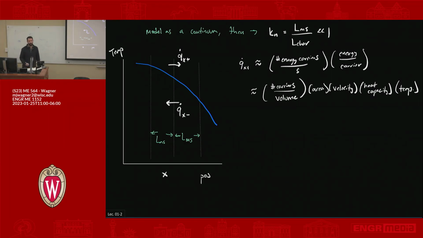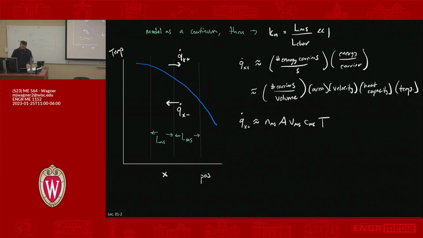This is the same equation, we just rewrote it in terms of per unit volume and added a bit more information. Let's write this symbolically: Q dot x plus is approximately equal to the number of microscale energy carriers, N_MS, times A times V_MS times C_MS, our specific heat, times T.